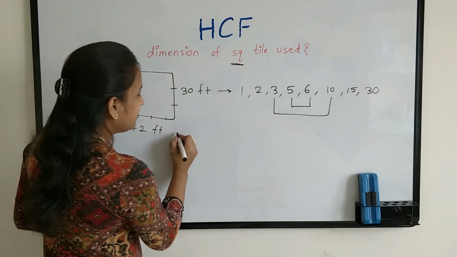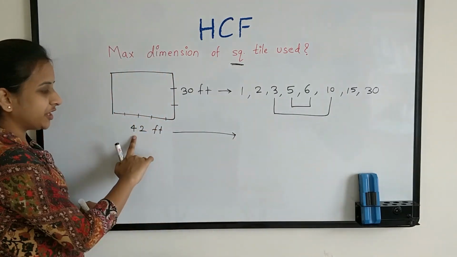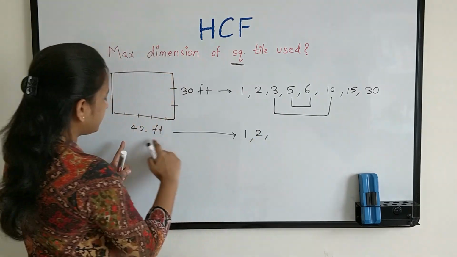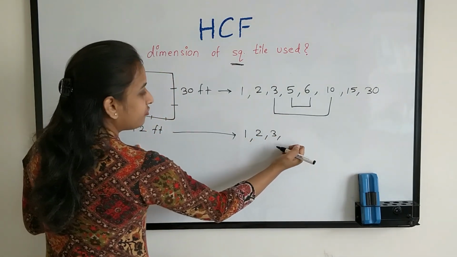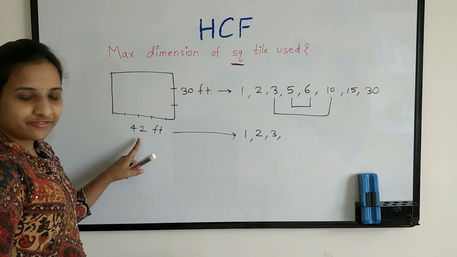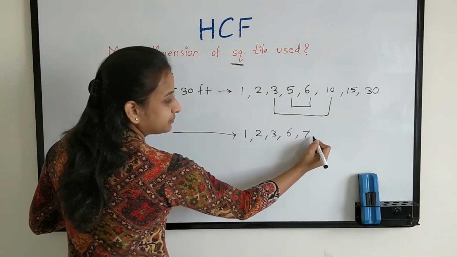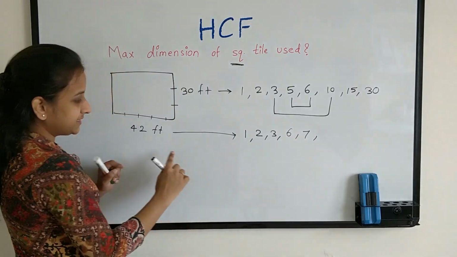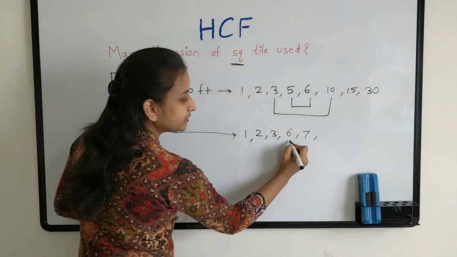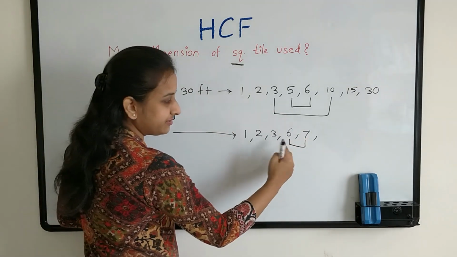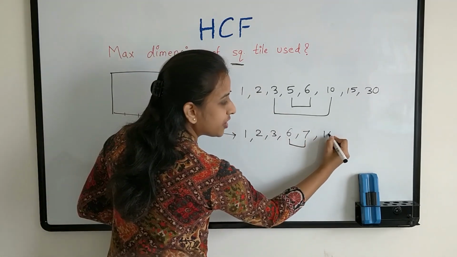That means we are finding the factors of 42. The factors of 42 are 1, 2, 3, 4 is not a factor, 5 is not, 6, 7. If you observe, 6 into 7 is 42. So this is one pair. The next factor will be 3 into 14.